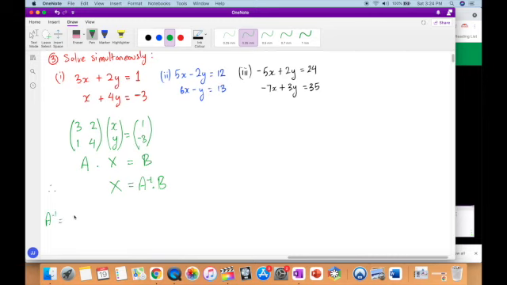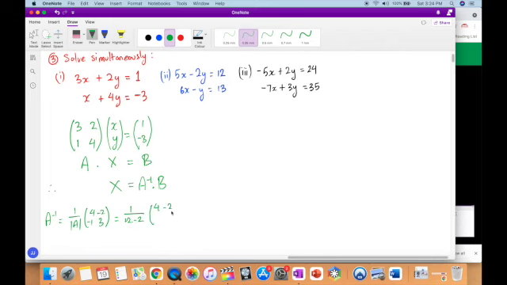A inverse is 1 all over the determinant of A, times the adjoint, and I'll just put the adjoint: 4, negative 2, negative 1, 3. So that is 1 all over the determinant, which is 4 3s are 12 minus 2 1s are 2.